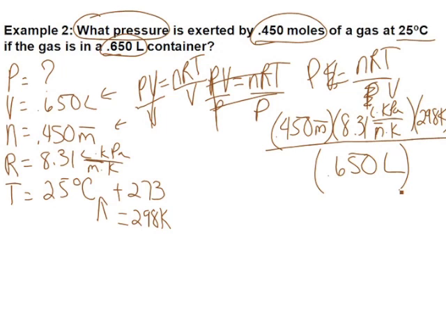Now when you do your math, your moles cancel, your liters cancel, your kelvins cancel, and you're left with kPa, which is perfect because it is a pressure, and P comes out to 1.7 times 10 to the third kPa. Okay? All right. Next one.